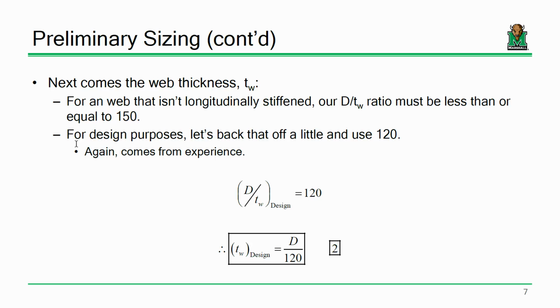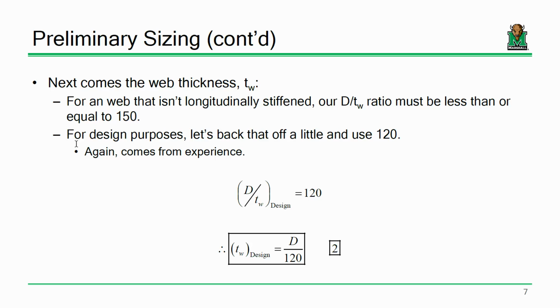Now, in structural steel I-girder design, if you have a web that isn't longitudinally stiffened, and I'll show you what that means in a second, but if you have a girder that does not have longitudinal stiffeners, the slenderness ratio, the ratio between how deep the web is and how thick it is, has to be less than or equal to 150, and that comes straight out of the spec. Now, for design purposes, we're going to back that off a little bit and use 120. That comes from experience.